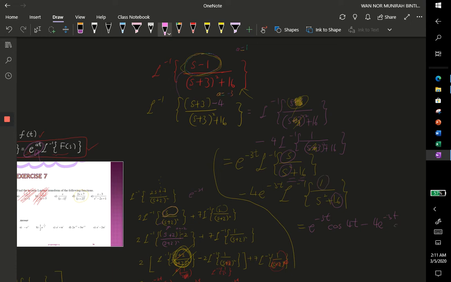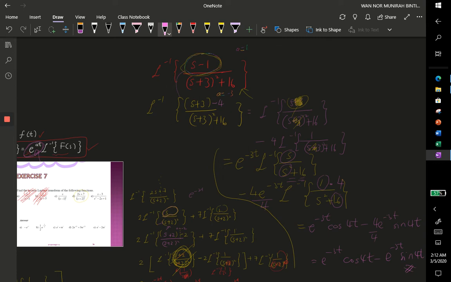We expect that the solution is sine 4t, but in order to get sine 4t, the upper one must be 4, but you don't have 4. To create the 4, you need to divide your function by 4. So we have e^(-3t) cos 4t minus 4 divided by 4, so you have 1. So this one is the solution.